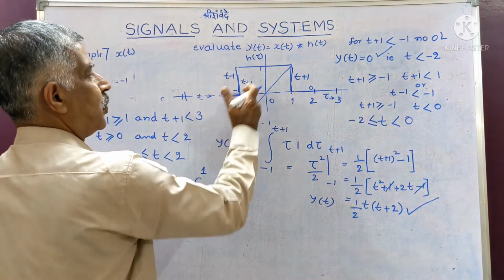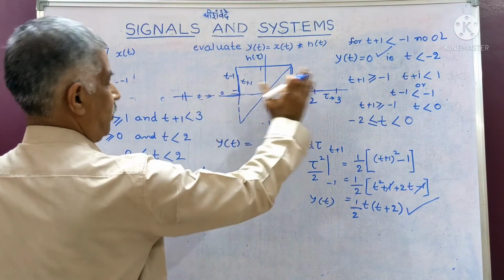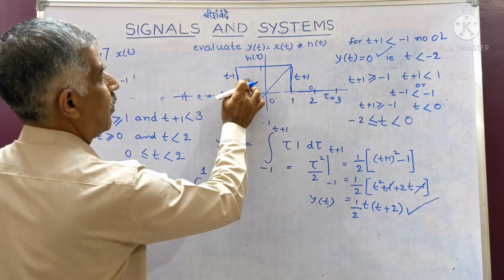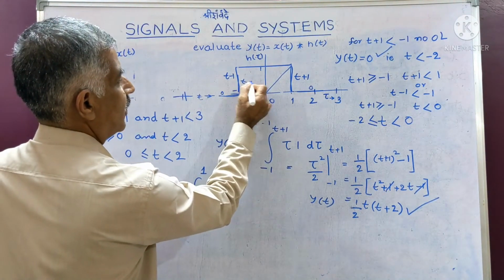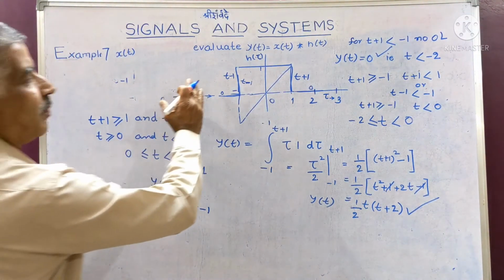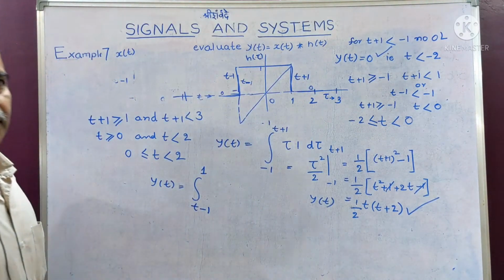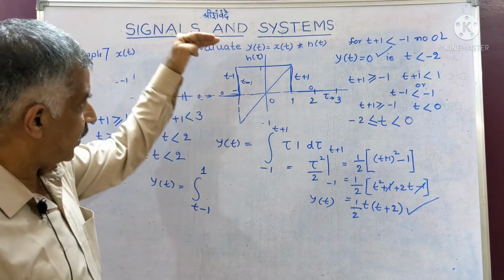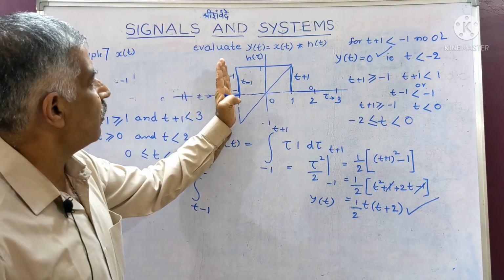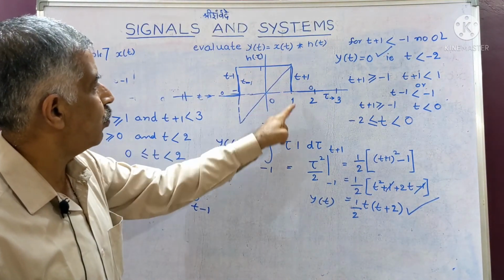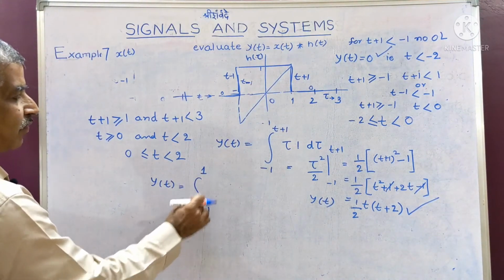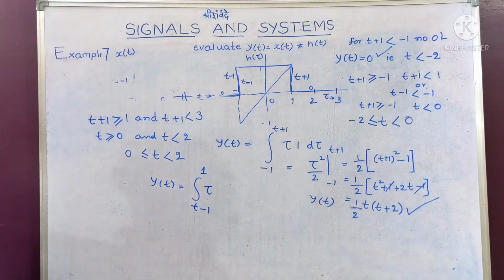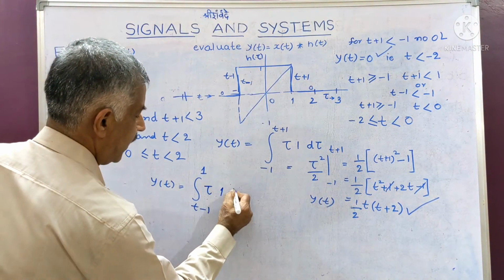Because from this position the t minus 1 edge will come out. This is the t minus 1 edge. This is the t plus 1 edge. The t minus 1 edge will come out. That means the overlapping has to decrease. Therefore, t minus 1 comes out means you go up to 1 unit. Therefore, t minus 1 to 1. Then the equation is tau into 1 d tau.